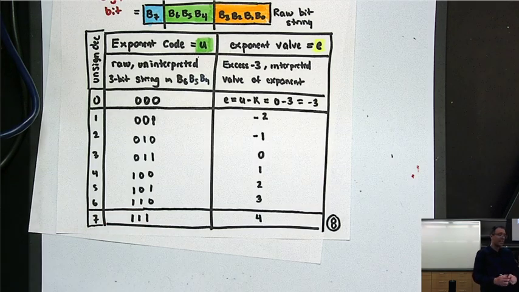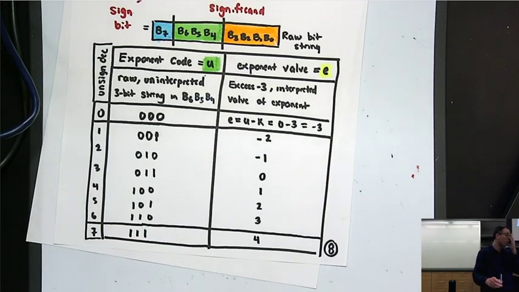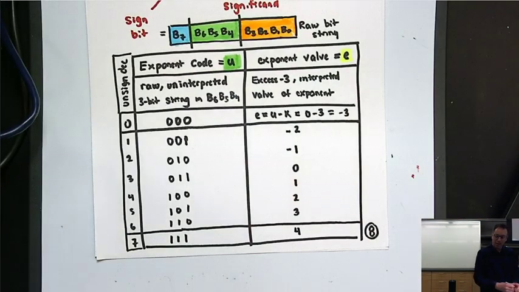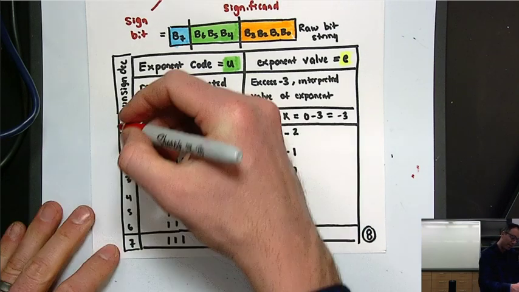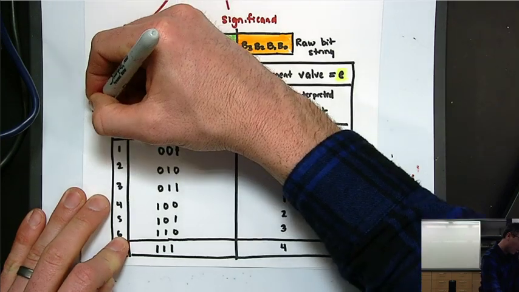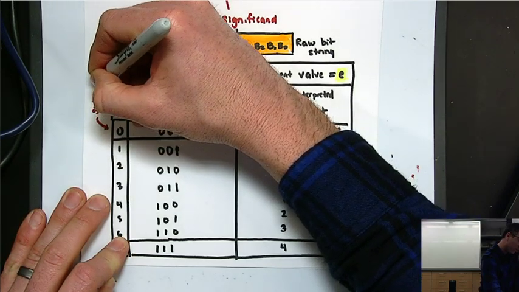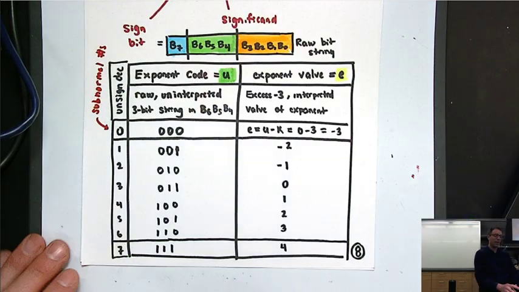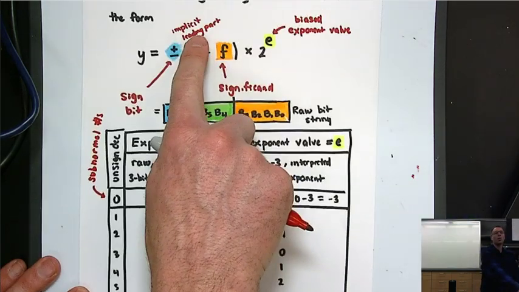And then we're going to see that there's something called subnormal numbers and overflow. So these two, this is what we call subnormal. We'll talk more about that in a bit. What did we say a normalized number was?